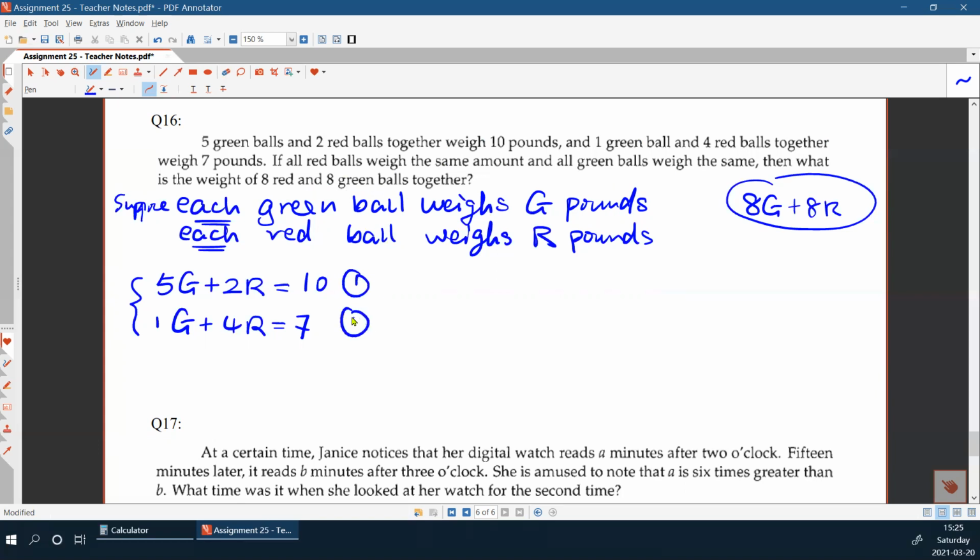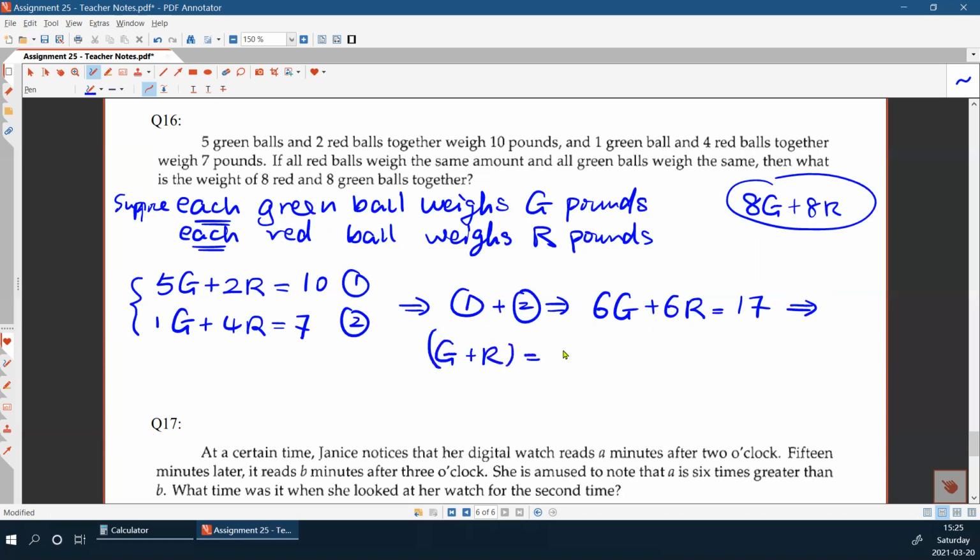So how do we get this information? You can use equation 1 plus equation 2, right? And this will give you 6G plus 6R is 17, right? So that means G plus R is 17 over 6, right?